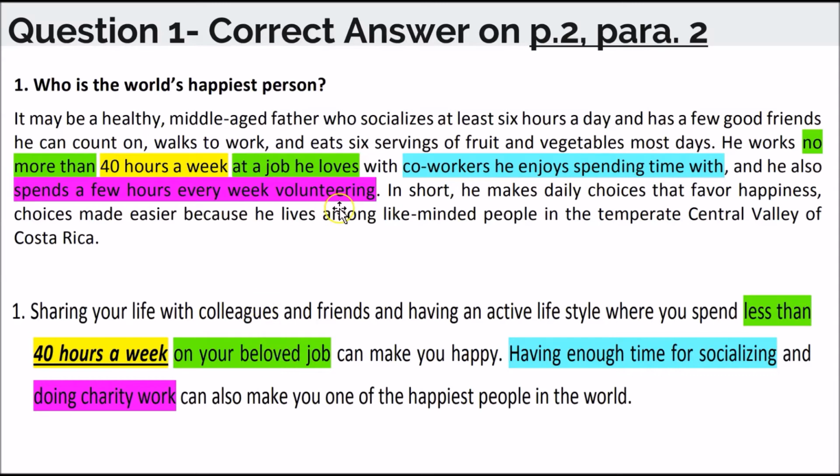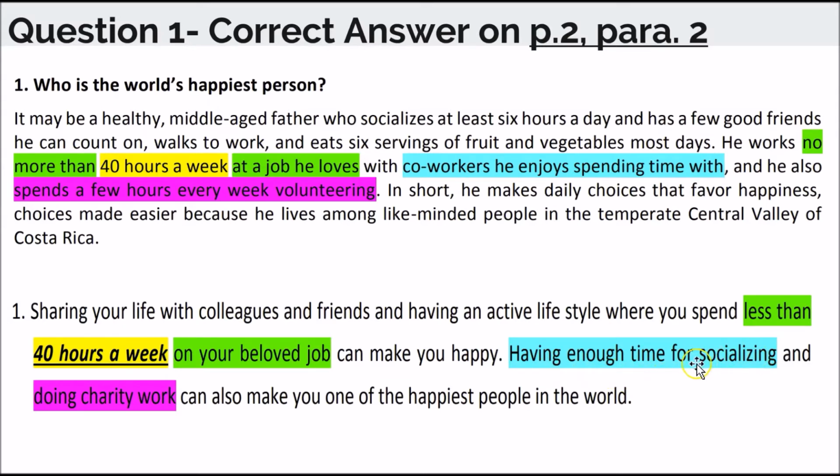And when you go to paragraph 2 on page 2, there is this phrase in the same sentence, "at a job he loves." So "at a job he loves" and "on your beloved job" are almost synonymous with each other, right? And the third part that we're going to look at in the statement is "having enough time for socializing."